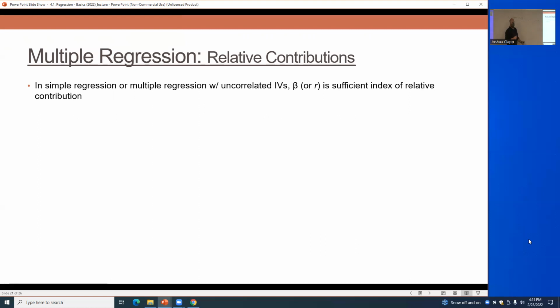The relation between x1 and y, I don't care about x2 because x1 isn't related to x2. There's no overlap there, right? When considering the relation of x2 with my outcome, I don't care about x1 because it's not associated. There's no overlap there.